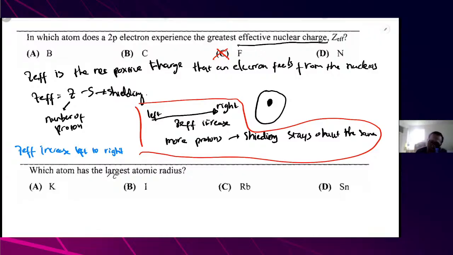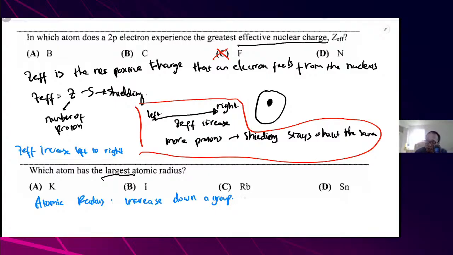The question is about the largest one. The previous one was about ZEFF; now we are talking about atomic radius. Remember the concept: atomic radius increases down a group.